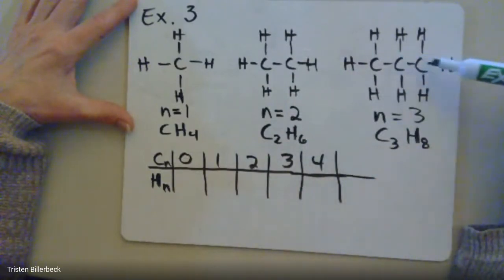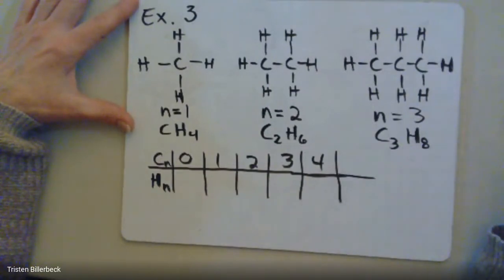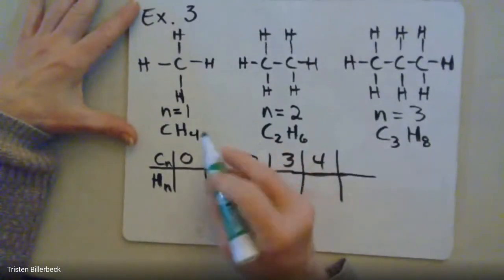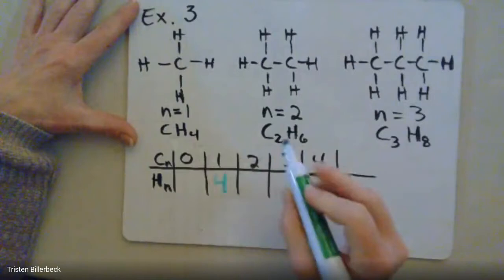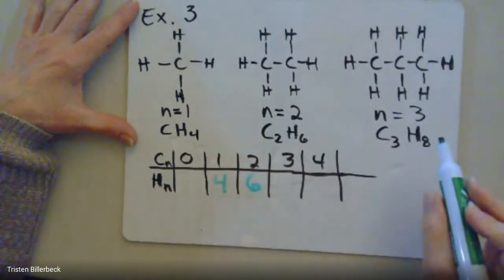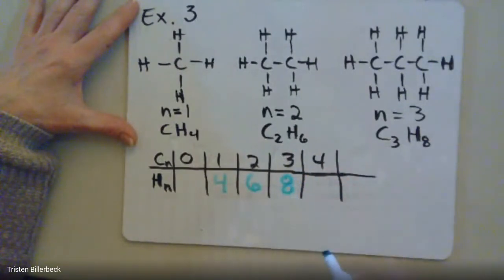And then here we have 3 carbons, and we have 8 hydrogens. So if we want a rule for how many hydrogens can attach to carbons, we can start looking at this as 1 carbon to 4 hydrogen. When you have 2 carbons, you have 6 hydrogen. When you have 3 carbons, you have 8 hydrogen.